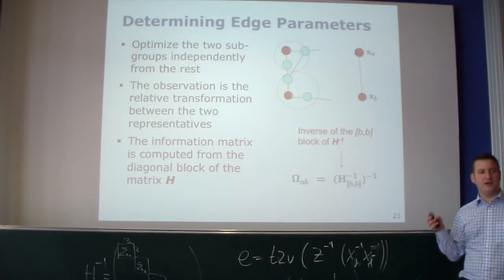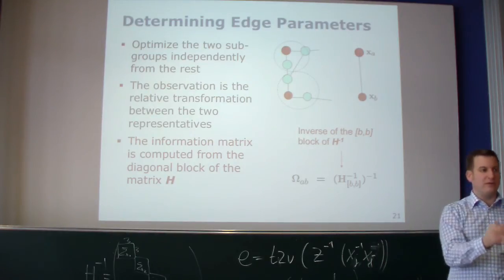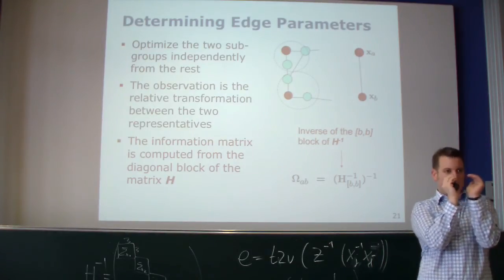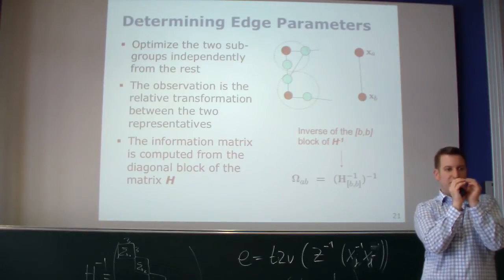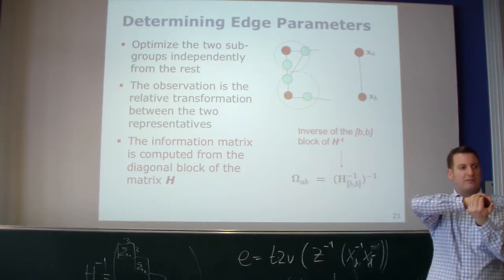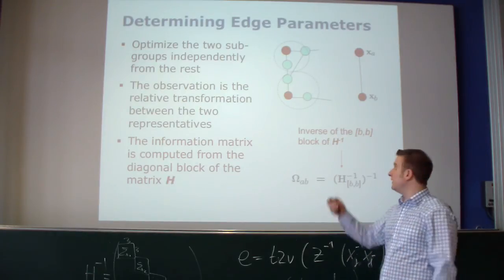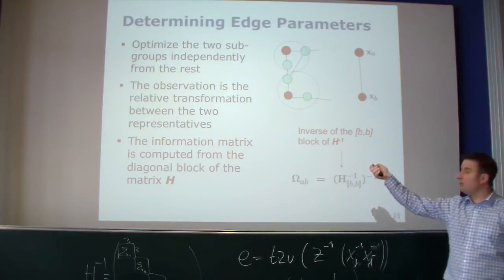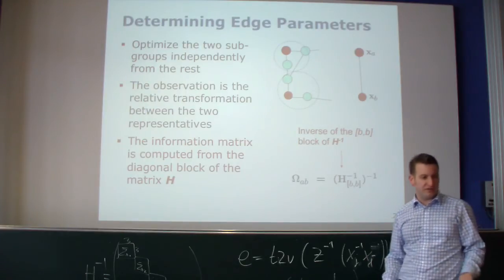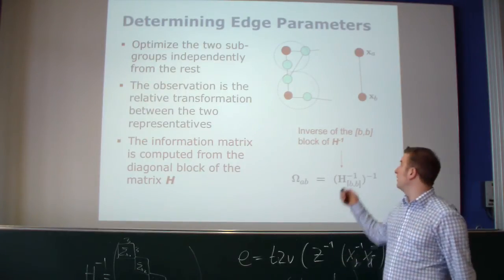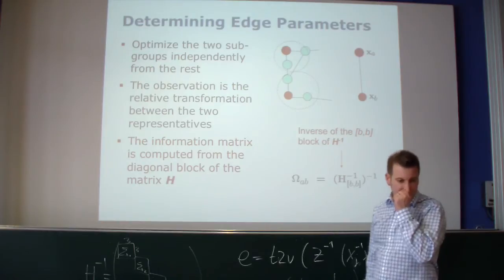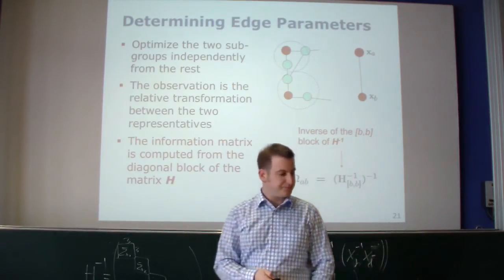Of course, I go from information form to covariance form, then I can simply cut that out to compute this uncertainty relative to the other one, and then invert it back. That's something that I can typically do because these subgraphs are typically small. These are small groups, so this optimization is fast, and I can obtain this constraint on the higher level.